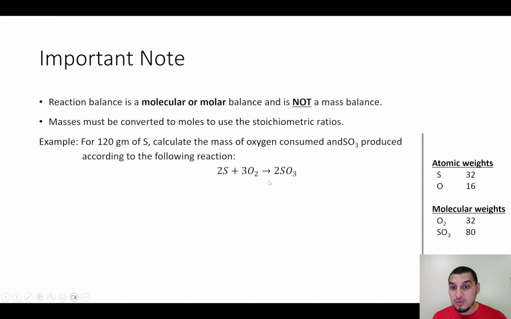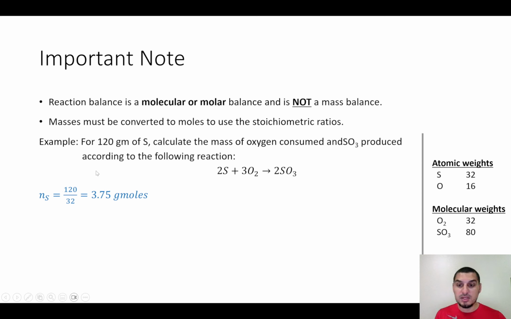The ratios are by moles, so I have to convert this mass that we have here into moles. We can simply do this because we know the atomic weights of sulfur and oxygen. So from this we can calculate the molecular weight of oxygen and the molecular weight of sulfur trioxide. It's just simple math, and from this we can calculate the number of moles of sulfur that enters the reaction.